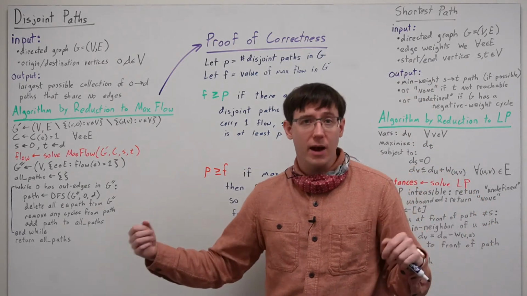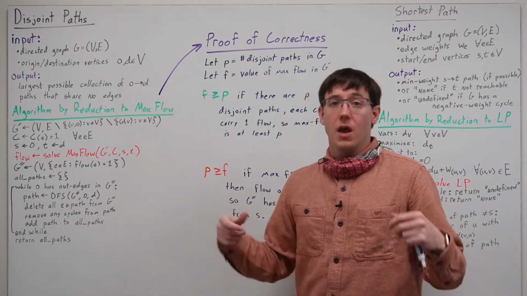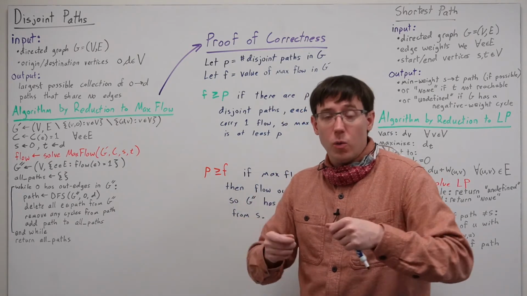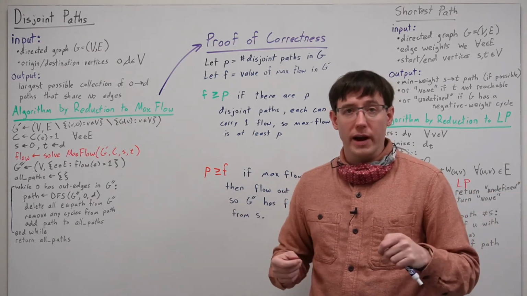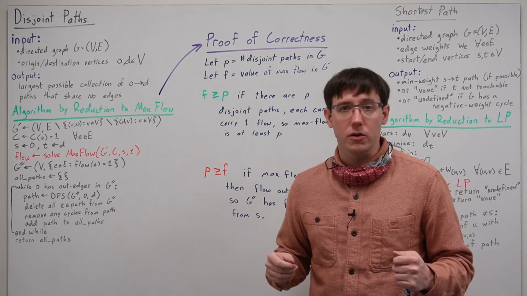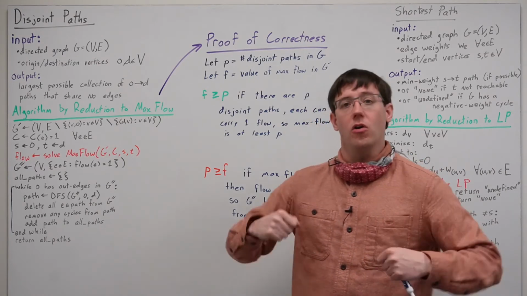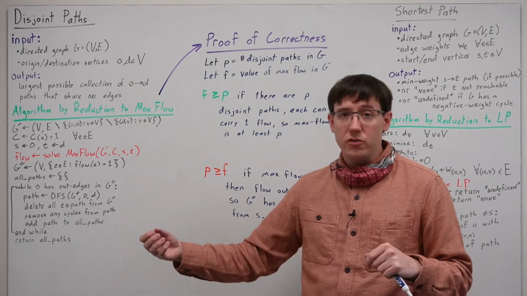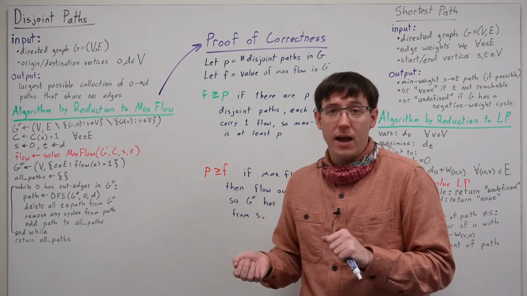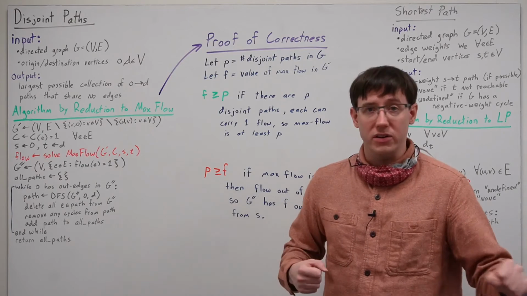And for each of those out edges from the source, we know that the flow will be conserved, and so that flow must go somewhere for every vertex it enters until it gets all the way to t, which means that for each of those out edges of the source, we have a path that goes all the way to t.